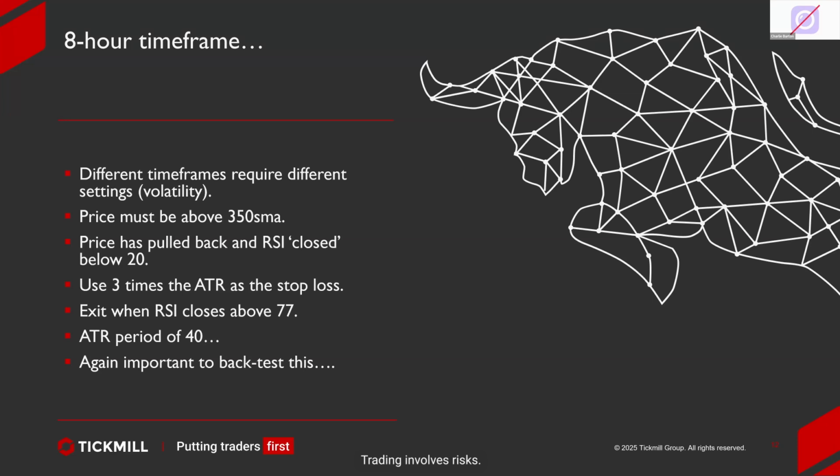But by all means have a play around with it. Maybe you introduce another filter and it does. You've still got the moving average as your filter, so maybe it does. I've only tested it on the daily, and it was only recently that I thought maybe I should have a look at it on a smaller time frame to see if it generates more signals, i.e., the 8-hour chart. So by all means, test it on anything.